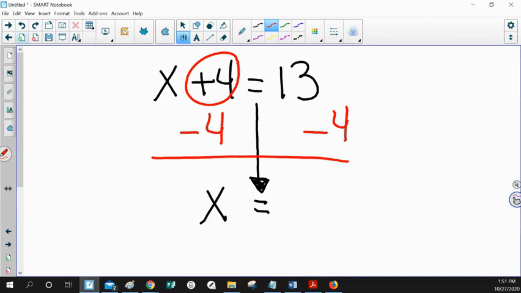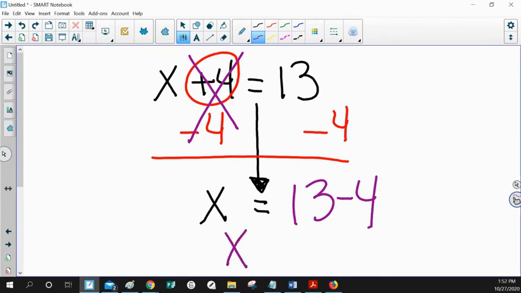My 4's ultimately cancel out, and they become 0. On the right side, I end up with 13 minus 4. They're the same type of term. They're both constants. So I'm going to combine them and find the net value. 13 minus 4 is 9.